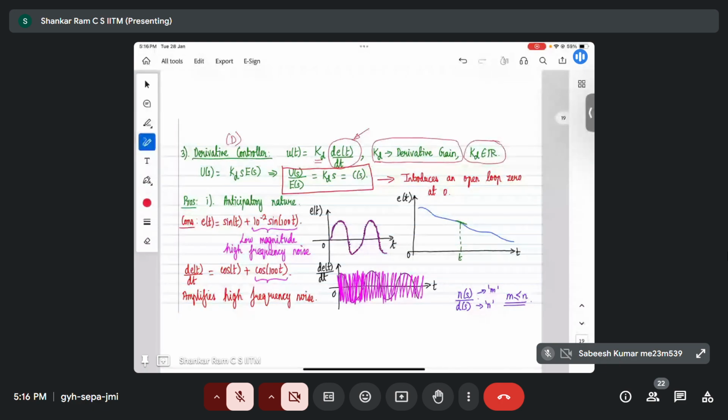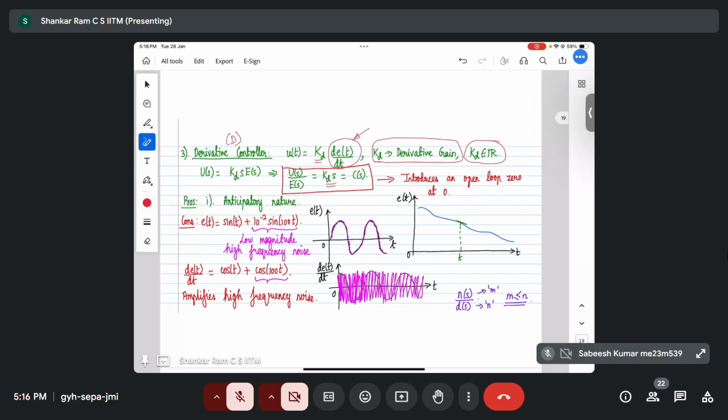Now if we take the Laplace transform and calculate the controller transfer function, we get the transfer function of the derivative controller block as Kd times s.